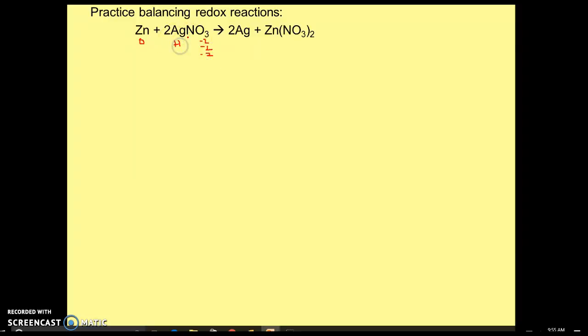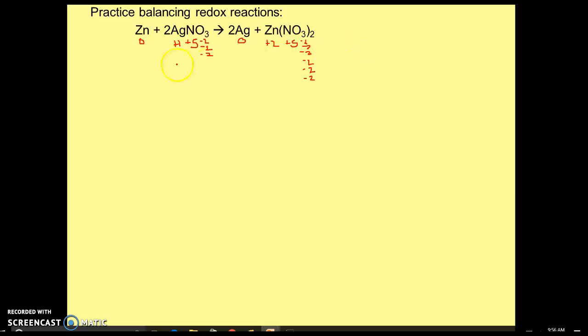Silver has a +1 charge, and then nitrogen is going to be +5. On the product side, silver is 0, and we have -2, -2, -2, and zinc has a +2 charge. Here, we got 2 of them, so nitrogen is +5 again.